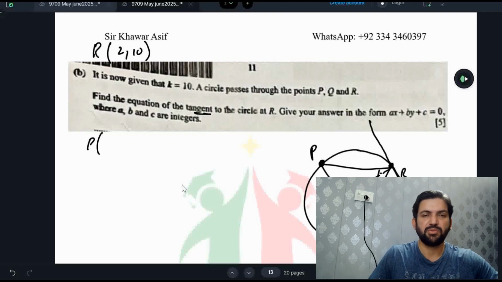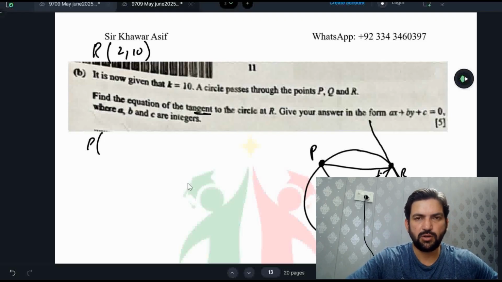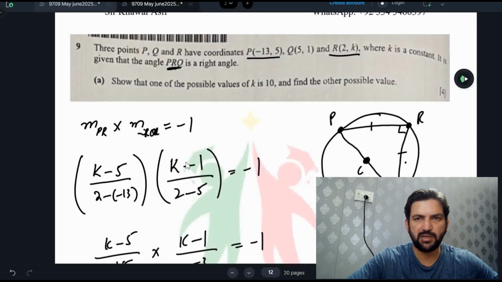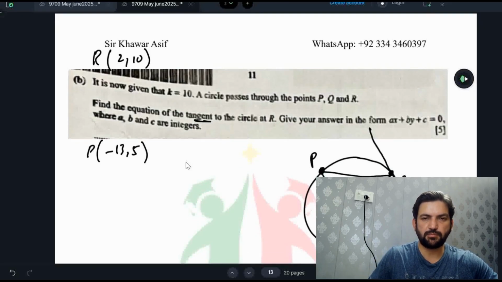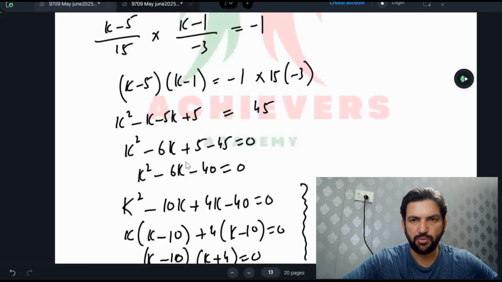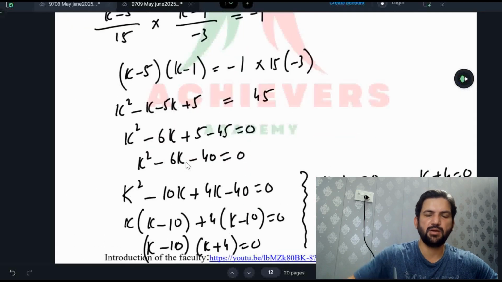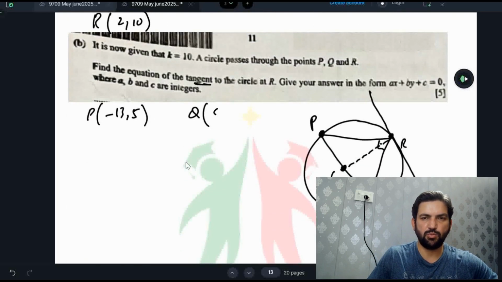So for C, we have to use the midpoint of PQ. The coordinates of P are minus 13 and 5, and the coordinates of Q are 5 and 1.